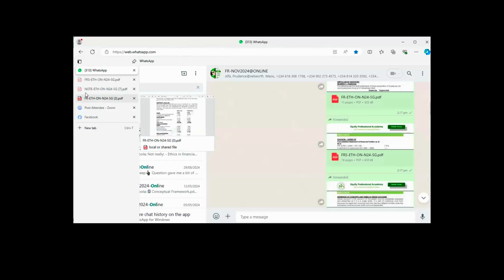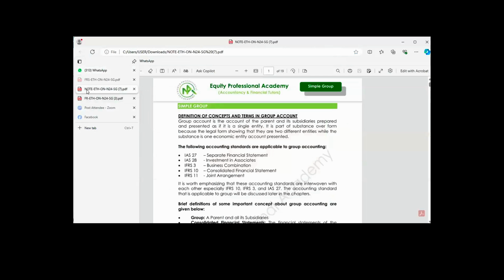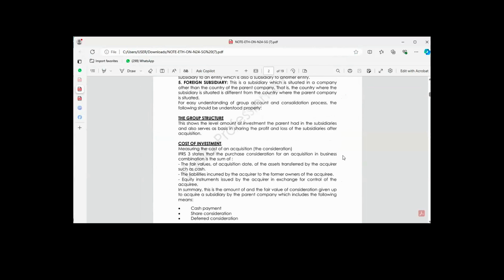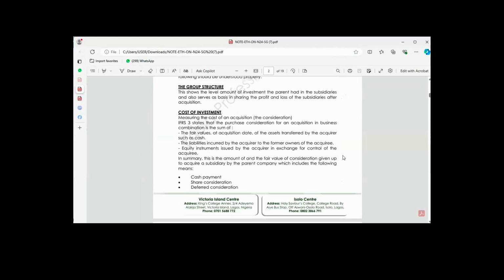The next thing is the group's cost of investment. After the group structure, let's go through the definition. Cost of investment simply means, in summary, the amount and the fair value of the consideration given up to acquire a subsidiary by the parent company, which includes the following means. How can we acquire?